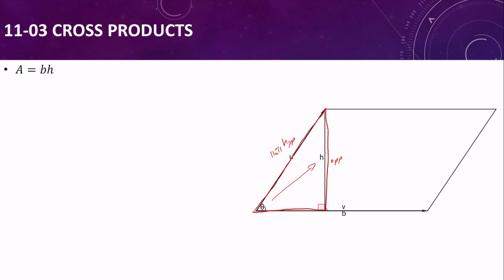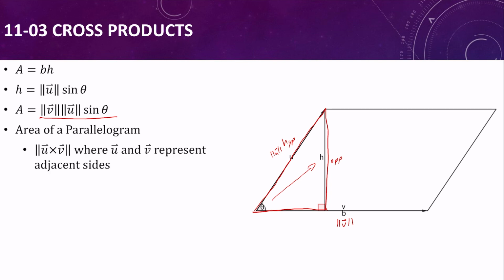So sine would be opposite over hypotenuse, or h would equal the magnitude of u times sine. Well, the base is just the magnitude of v, so our area is the base times the height, or the magnitudes of u and v times sine of theta. But that is the cross product. So the area of a parallelogram is the magnitude of the cross product, where u and v represent adjacent sides from a single point.